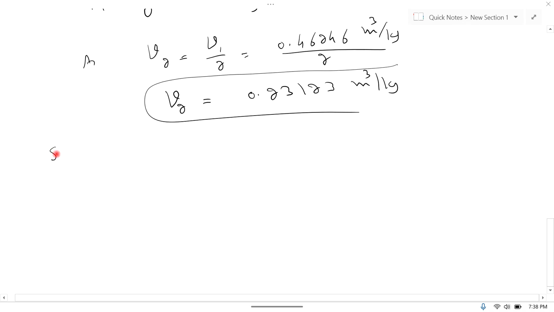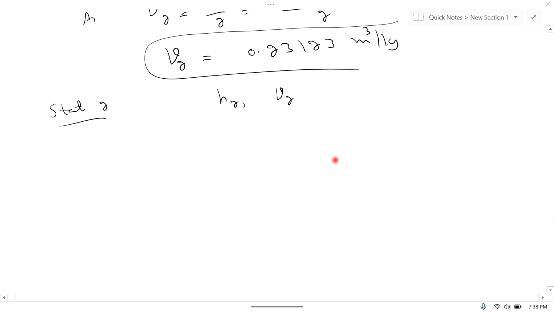Now from state 2 we find H2 and V2, because from V2 we will find X2. First we check whether V2 is in the mixed region or in the superheated region. From the saturated steam table at pressure P2 equal to 400 kilopascal, pressure is constant, find Vf and Vg.